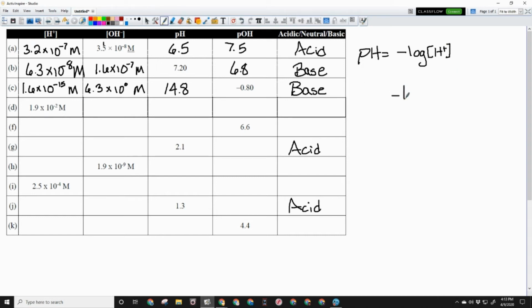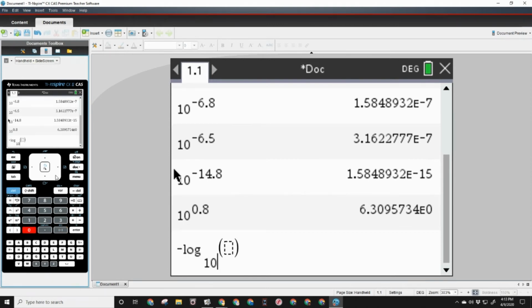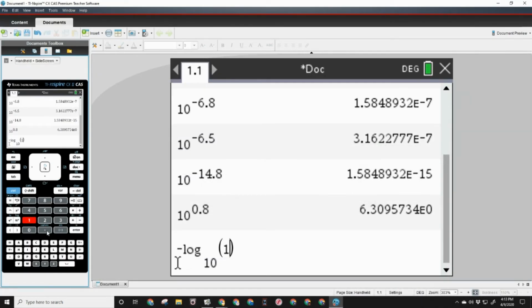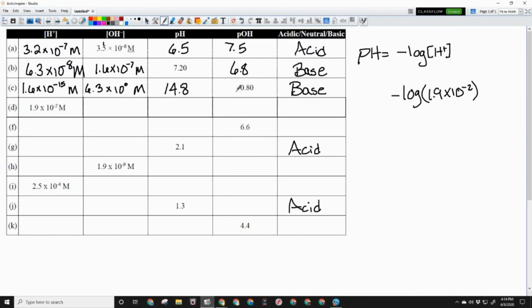So this is going to be the negative log of 1.9 times 10 to the negative 2. That's going to give us a pH of 1.7.